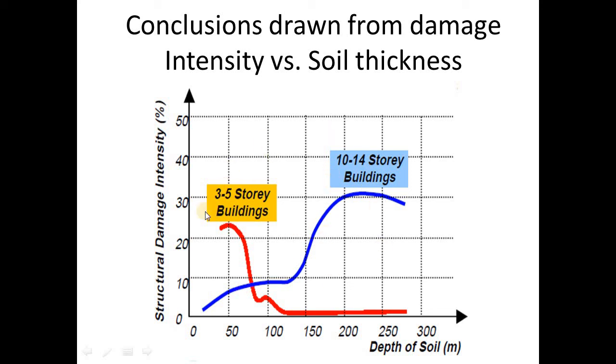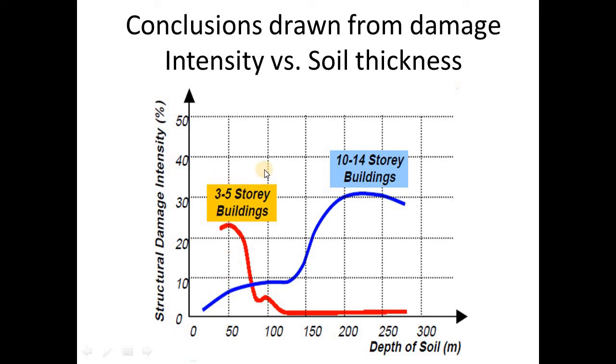So based on this graph, we could conclude that soil works as a medium, and it filters or dissipates waves. When the thickness is thick, it dissipates short waves. When the thickness is thin, then it starts to dissipate long waves and lets the short waves reach the building.